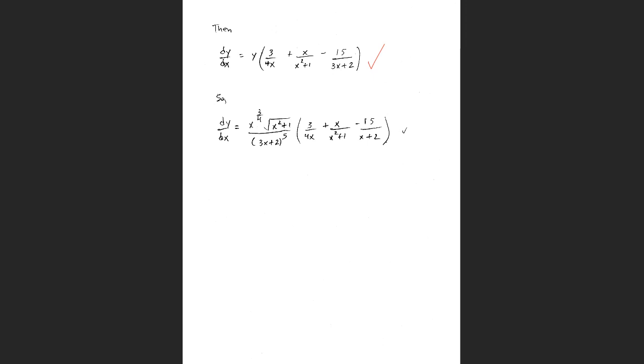Y was equal originally to x to the 3/4 power times the square root of x squared plus 1, all divided by 3x plus 2 to the 5th power.